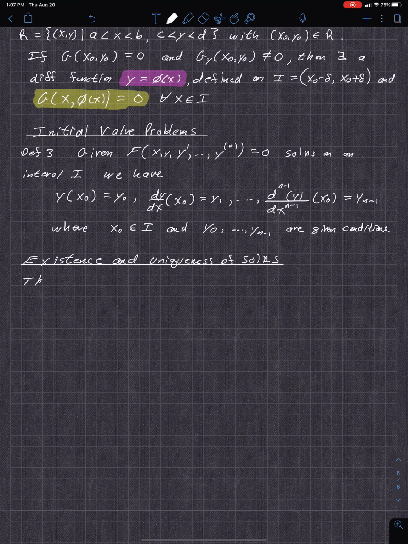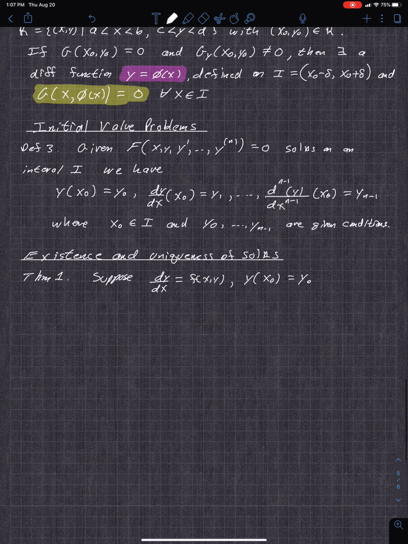So theorem 1, technically the first theorem in the book, more or less says: suppose that dy/dx = f(x, y) and y(x₀) = y₀.